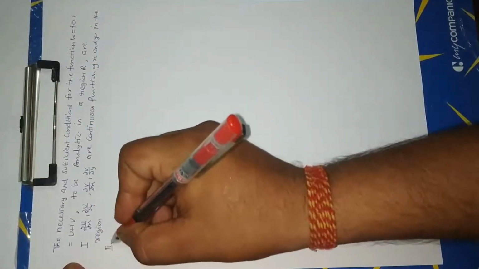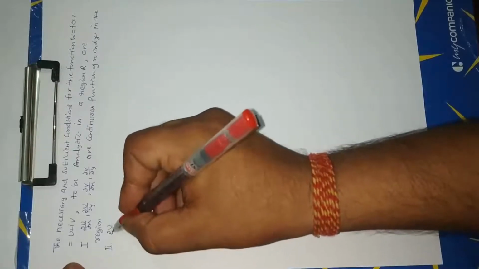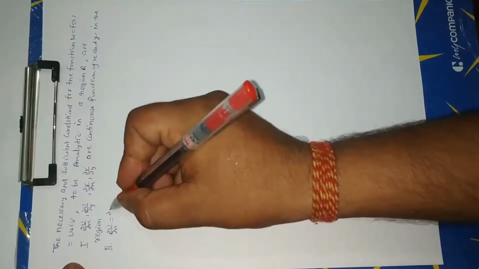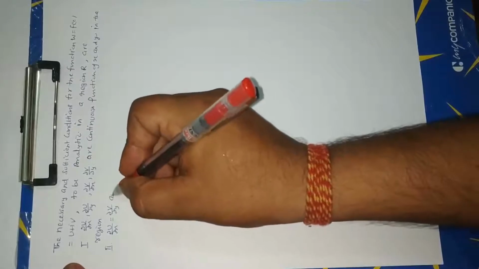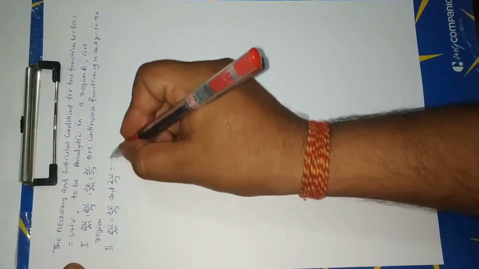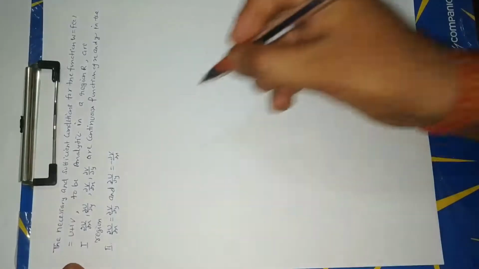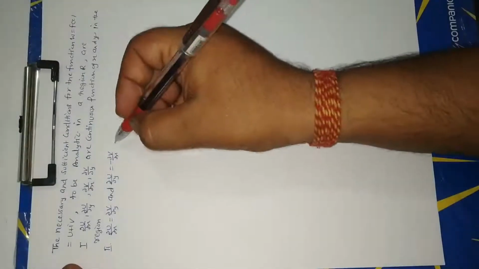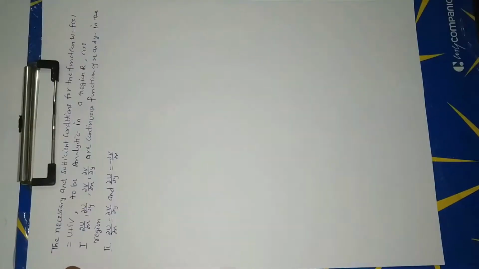Number second: ∂u/∂x = ∂v/∂y and ∂u/∂y = -∂v/∂x. These equations are the CR equations.